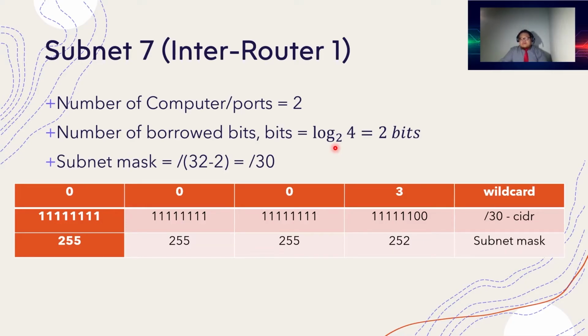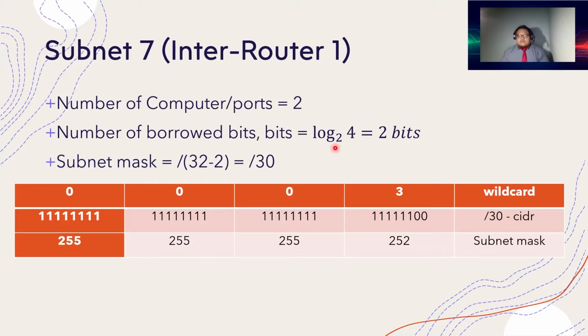The requirement for inter-router 1 is 2 usable IP addresses in the topology. If we used log2 2, we would only get 2 IP addresses, which are used for the network address and broadcast address. So it is not efficient, and we are using log2 4.